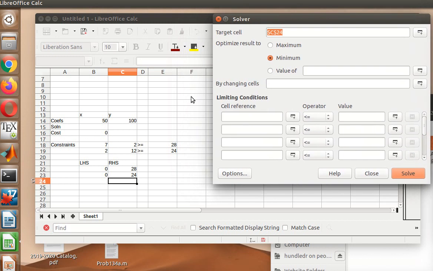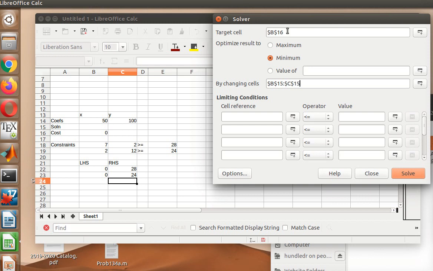So that's B16. B16 is my target, and that should be the minimum by changing cells here, B15 and C15. Well, we could put a semicolon there, although there's just two numbers.